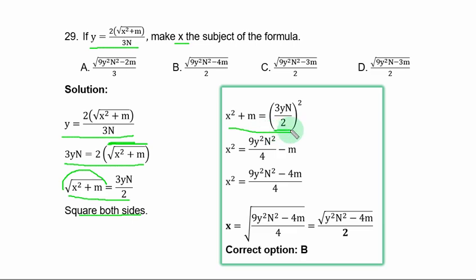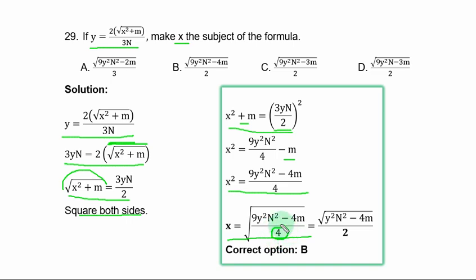As you open this bracket using square, you as well transfer plus m. It becomes minus m. So 3 squared is 9. Y squared n squared over 4. That is 2 squared. Let's make m over 1. If you find the LCM and simplify, you have this result. To get s from s squared, you need to take the square root of both sides. That is what you have here. 4 is a perfect square.